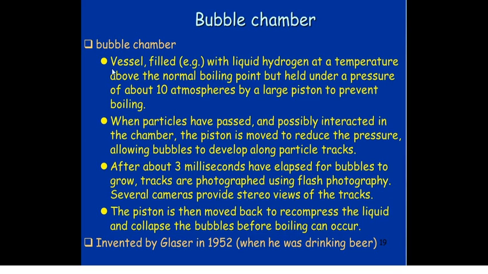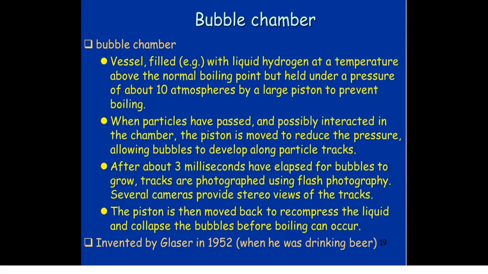So again we can move on to the conclusion. It's a vessel filled with liquid hydrogen at a temperature above the normal boiling point, but held under a pressure of about 10 atmospheres by a large piston to prevent boiling. The liquid is heated to a high temperature, but it is held under pressure so that no boiling takes place.